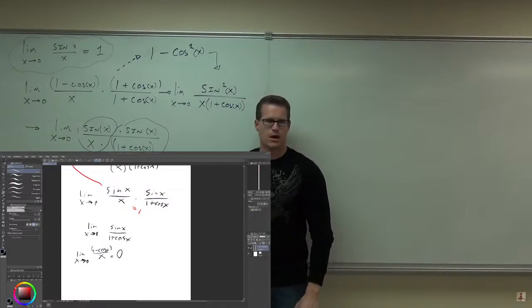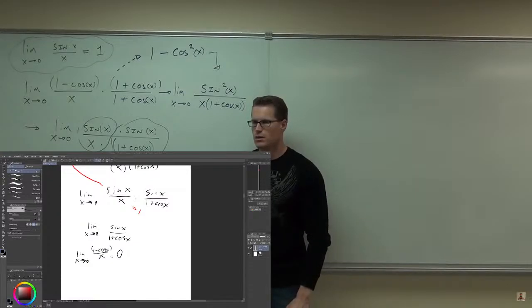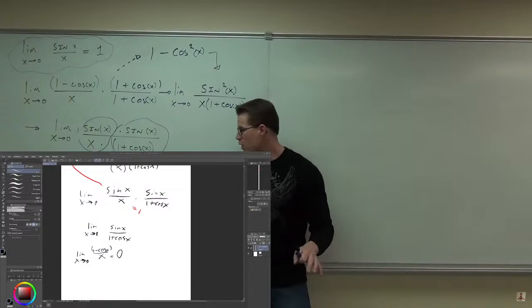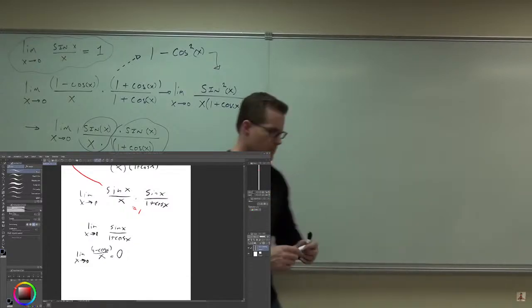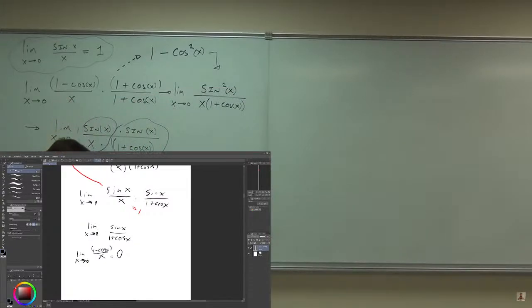What's sine of 0? Good. Is it okay to have 0 on the numerator? Yeah. Does it make 0 on the denominator? No, because you have 1 plus 1, that's 2. You have 0 over 2. Agree? So how much is 0 over 2? What's 1 times 0? 0. Don't say 1. How much is 1 times 0? 0.